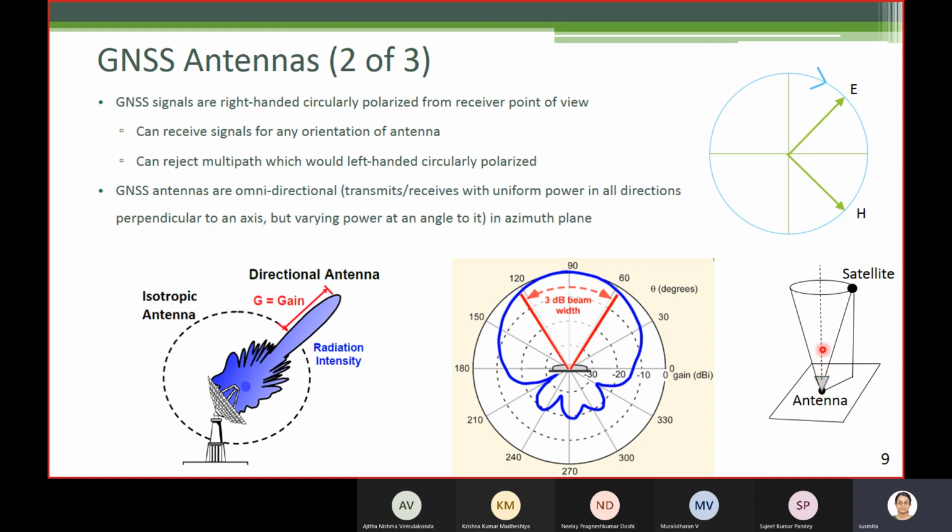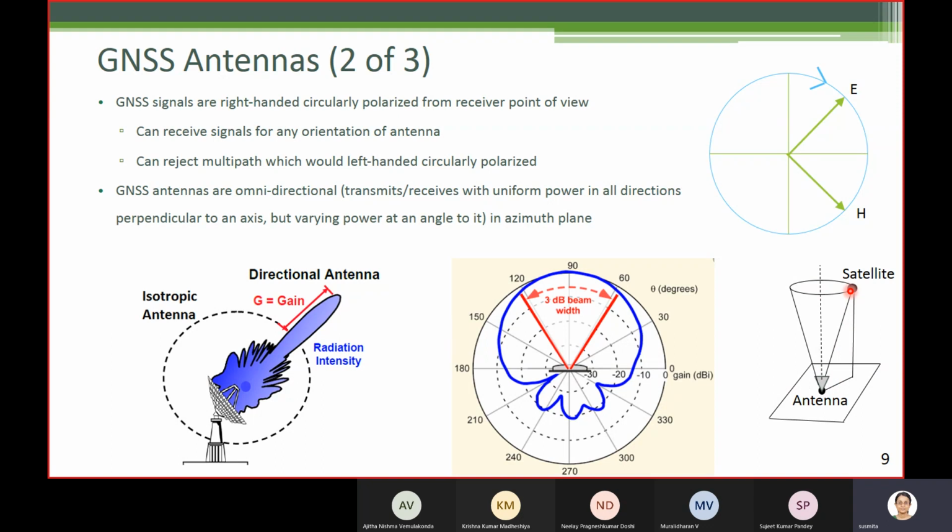So in this case, that axis is this dashed vertical line. So just think of this plane, this circle. It will receive signal with uniform power, but varying power at an angle to it. You just think of that vertical plane and shift the satellite position on that vertical plane. Elevation changes. So it will receive signals from the satellite with different power as the elevation angle changes.